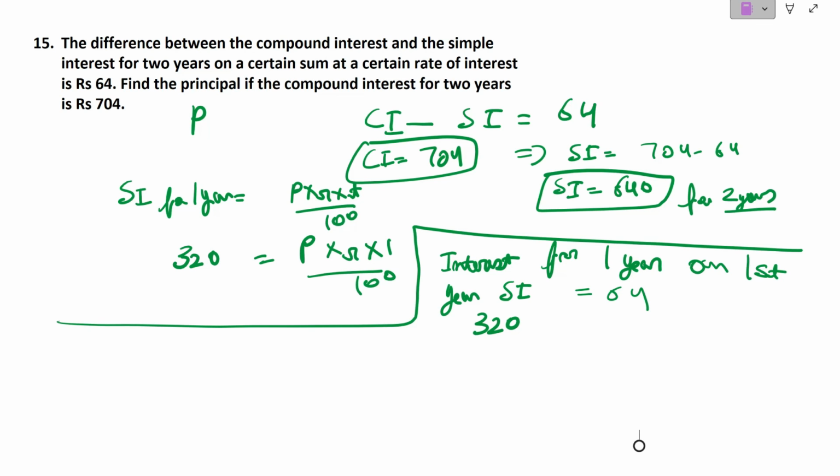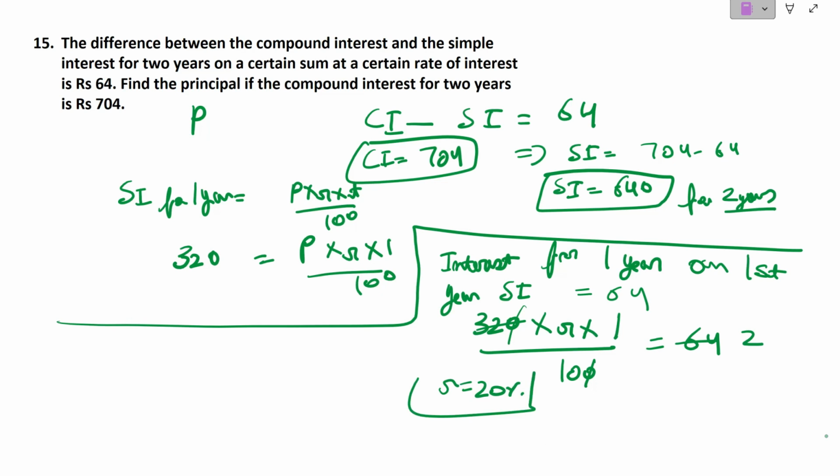So now we can say 320 into rate into time period upon 100 is equal to the simple interest of 64, which is the interest for 1 year on the first year simple interest. So going by that, we can say that the rate is 20%.